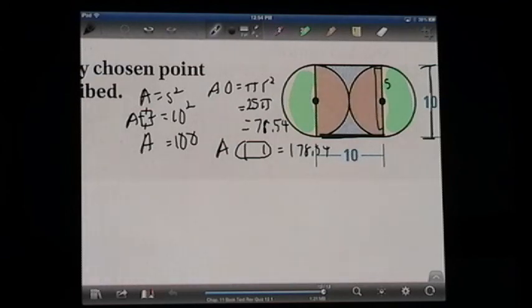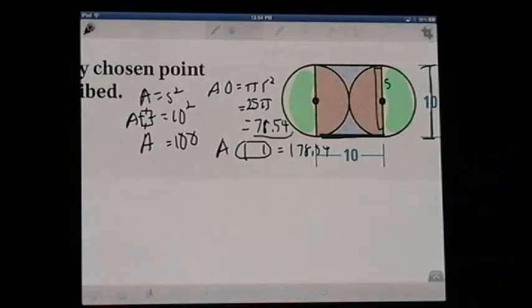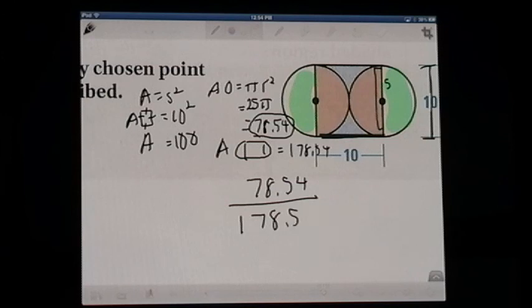All right, the pink region is just the circle. So we're going to say just the circle, which we just now have that area of, 78.54, out of the whole figure, 178.54.